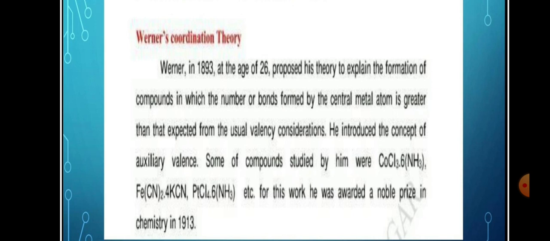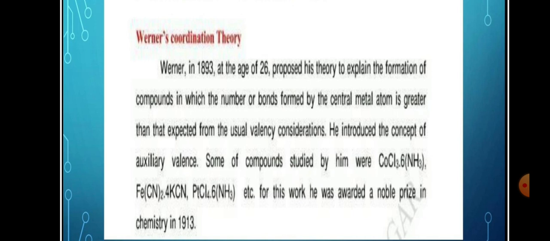In 1893, Werner produced a theory of coordination compounds to explain the structure and formation of compounds. He told about the main thing that metal possesses two types of valencies, that is primary valency and secondary valency.